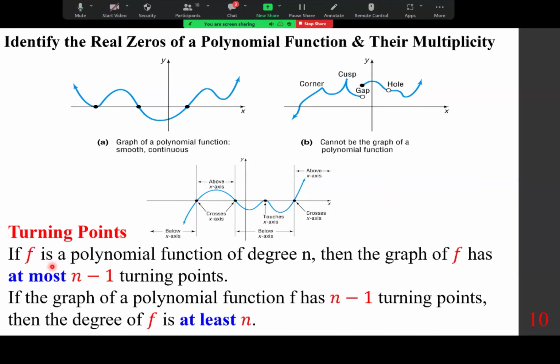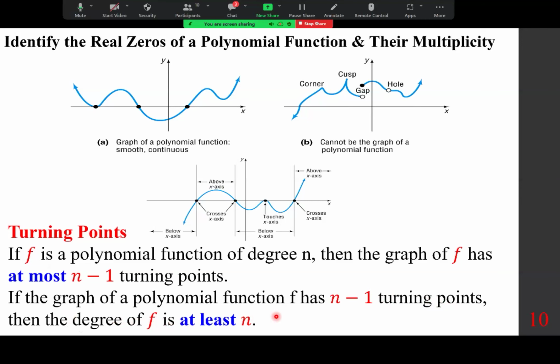Turning points. If f is a polynomial function of degree n, then the graph of f has at most n minus 1 turning points. If the graph of a polynomial function has n minus 1 turning points, then the degree of f is at least n. So I want to make sure we understand this concept.